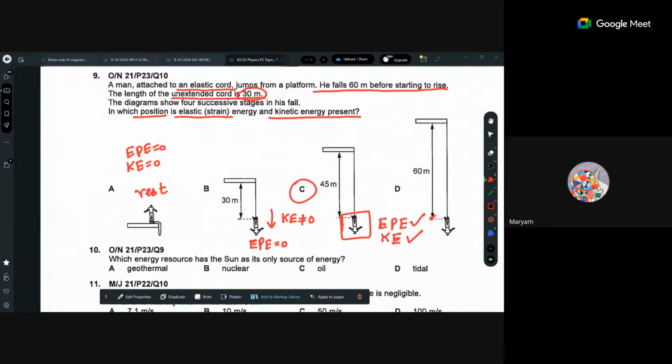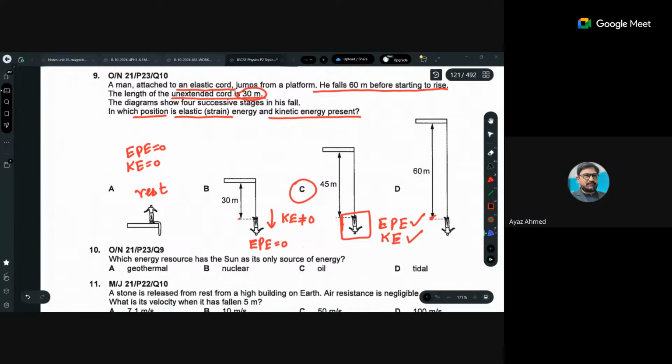Then why not D? Yeah, at D it is stretched to a maximum point, and from here it will start its reverse motion. It means here it will stop, so its kinetic energy goes to zero.